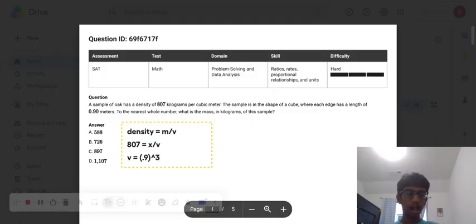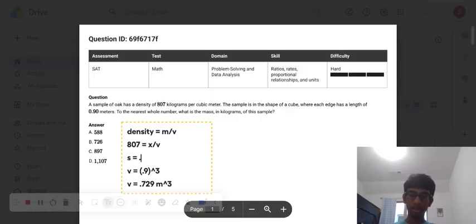And of course, you have a calculator in your test. So figuring this out, you get V is equal to 0.729 meters cubed. And wait, I also put s is equal to 0.9 meters. There's a reason for this, and that has to do with the dimensional analysis portion. And now what we just do is plug and chug.